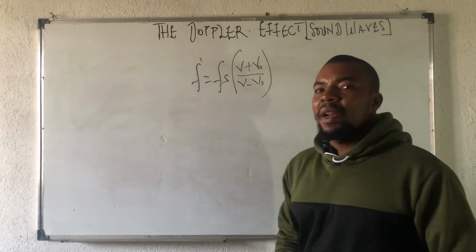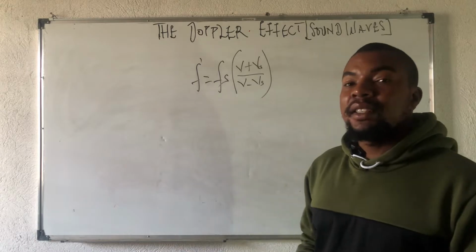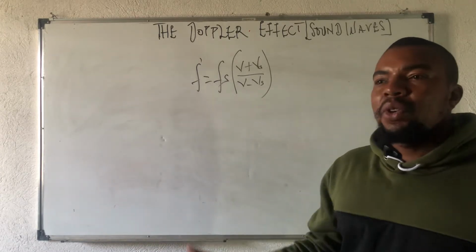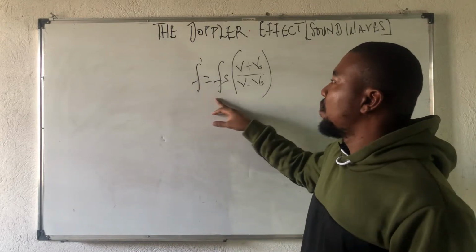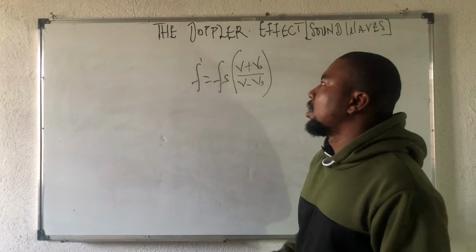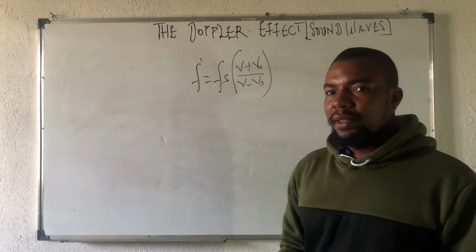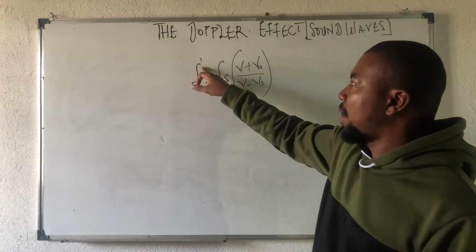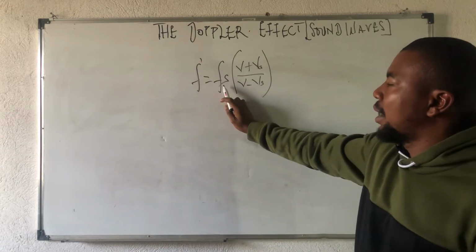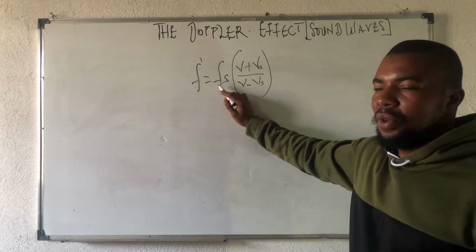Wow, this formula might look complicated to you, but trust me, it's easy to use, simple and straightforward. Now, let me explain the variables in this formula. F prime simply means the apparent frequency, and Fs simply means the frequency of the source.